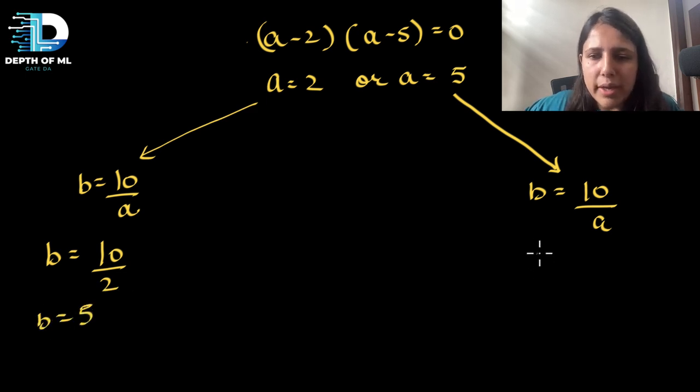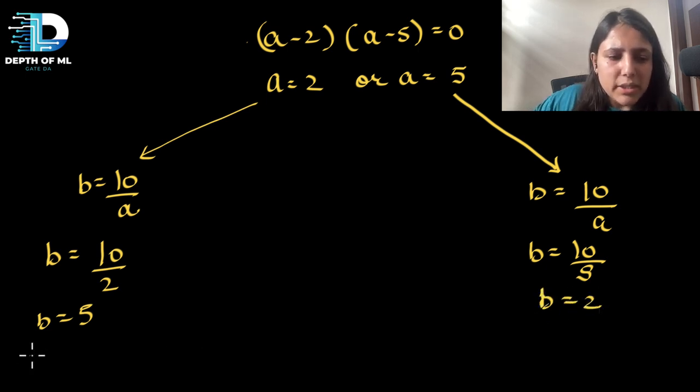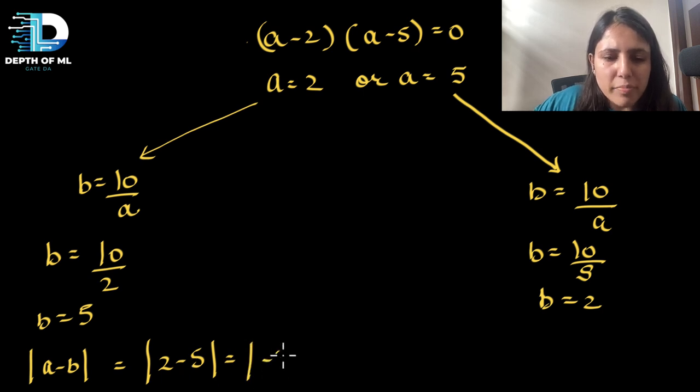And for A equal to 5, B is equal to 10 by 5, which gives B equal to 2. Now let me calculate the value of mod A minus B. It will be 2 minus 5, which is minus 3, and taking the mod, it is 3.